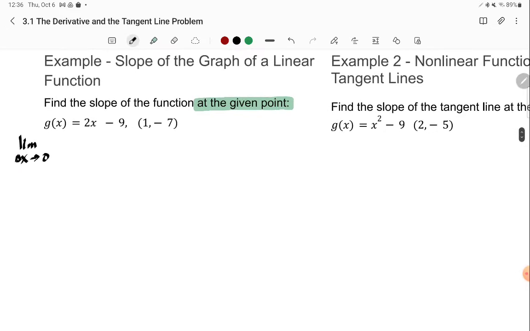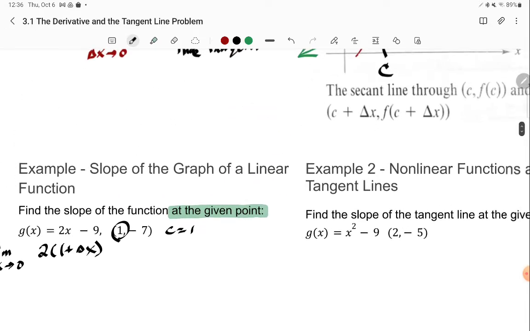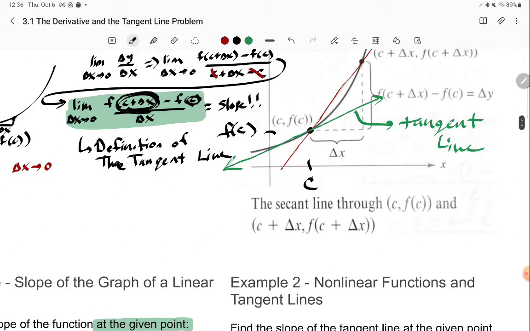And in this case, your c is 1. So it's going to be 2 times 1 plus change in x, because you're plugging in c plus change in x.